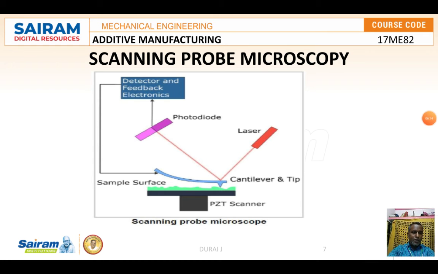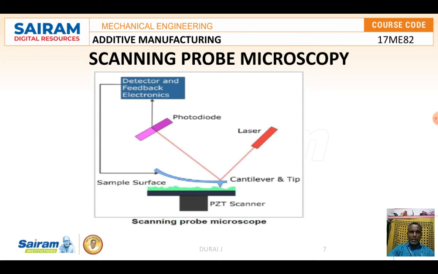There are several types of scanning probe microscopes. The atomic force microscope measures the electrostatic forces between the cantilever tip and the sample. The magnetic force microscope, also called MFM, measures the magnetic forces.